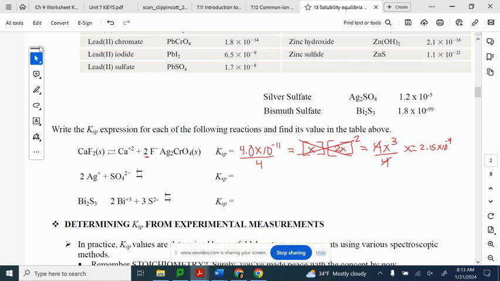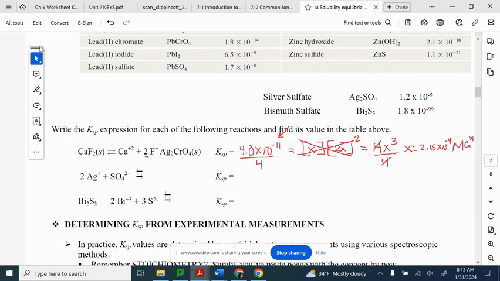Yeah, there is one. There isn't one for the KSP value, but what are we calculating here? What does X represent? Molarity. Okay. And that is specifically the molarity of what species here? What did X represent? Calcium. Yeah. Your X was the calcium ions.